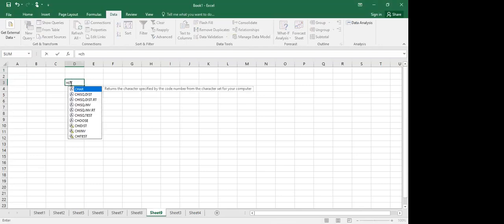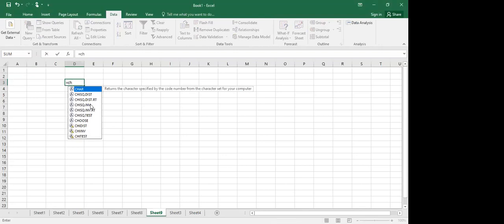As you start typing chi-square, Excel will offer you several options. If you choose chi-square inverse right tail, or if you choose chi-square inverse, it will just give you the left tail.